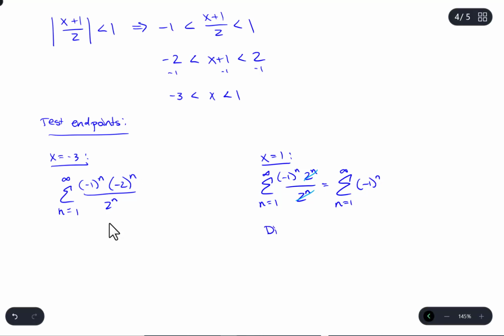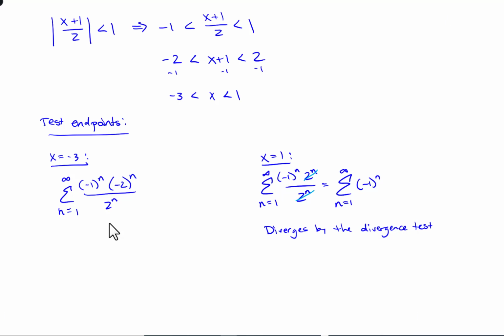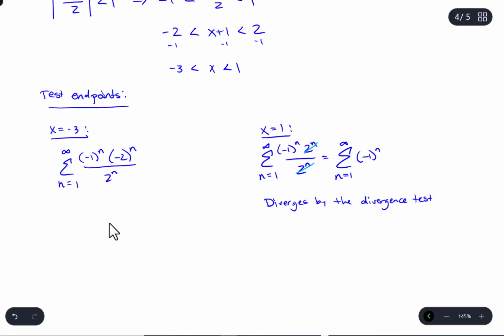So this diverges, really by the divergence test, because those sequence terms are not going to 0.